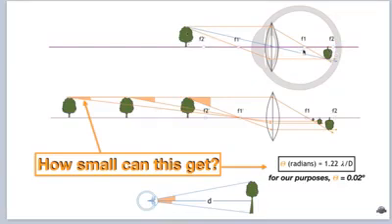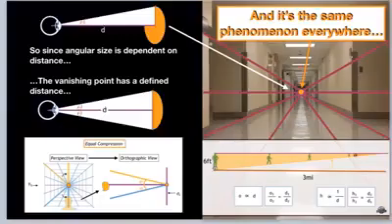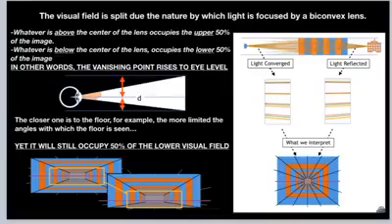But that's how this image is actually imprinted on the surface of the sensor. Anything above this purple line is going to be rendered below the purple line, and anything below the purple line is going to be rendered above it. Does that make sense? Okay. So again, whatever is above the center of the lens occupies the upper 50% of the image, and whatever is below the center of the lens occupies the lower 50% of the image. In other words, the vanishing point rises to your eye level.